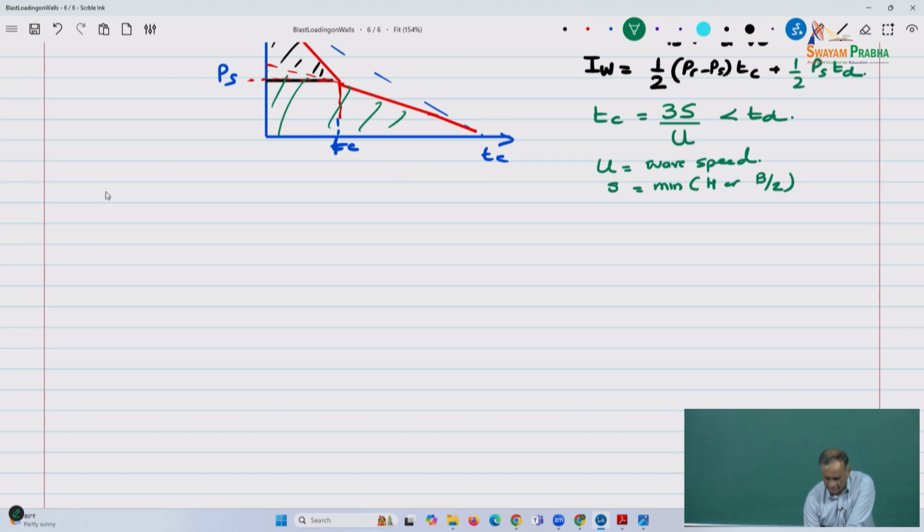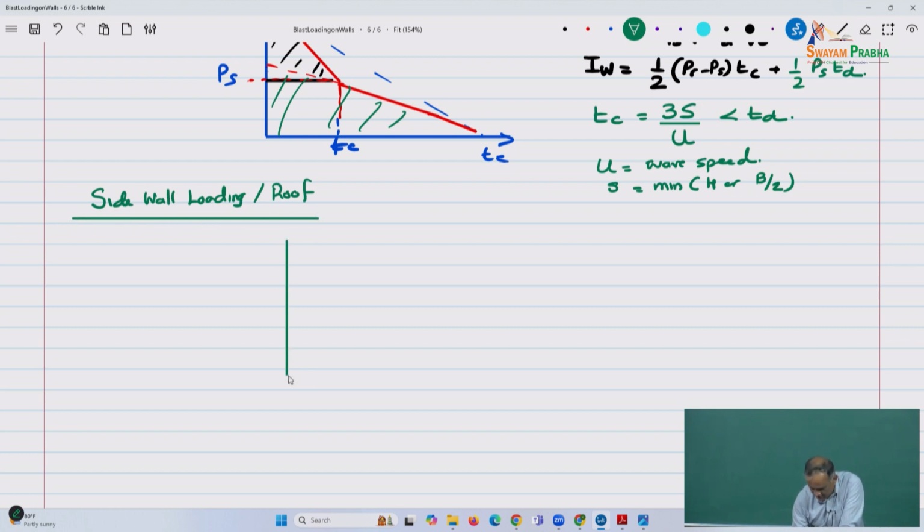Then we can go a little over, no? Finish this part. Okay. Then the sidewall loading or the roof is again similar.